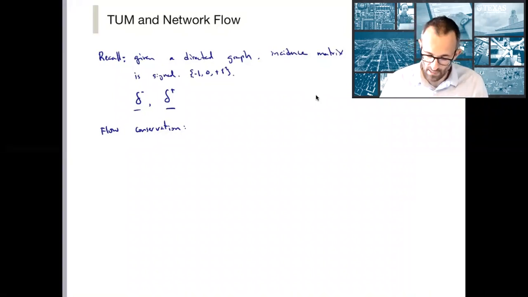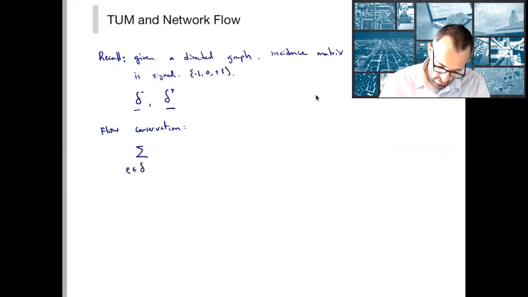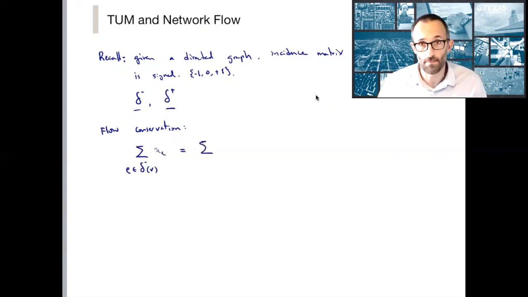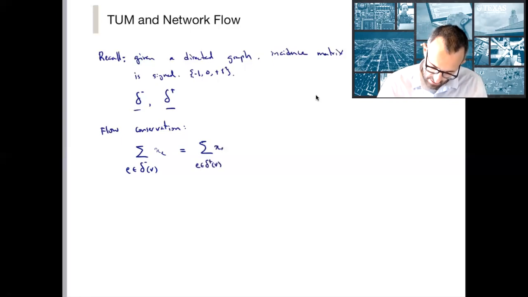So for any node that doesn't have a supply or demand, for max flow, for example, any node that's not the source or the sink, the sum of flows over edges pointing into a particular node has to equal the sum of flows over edges pointing out of that particular node.